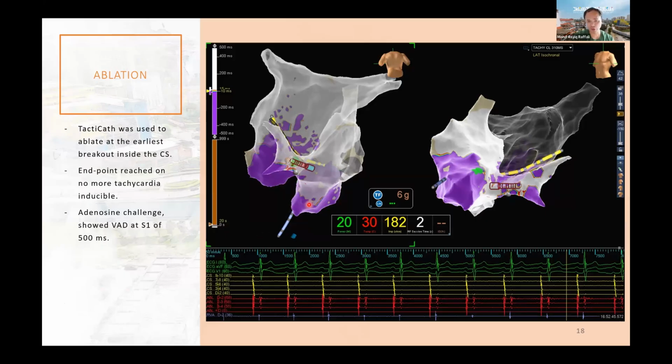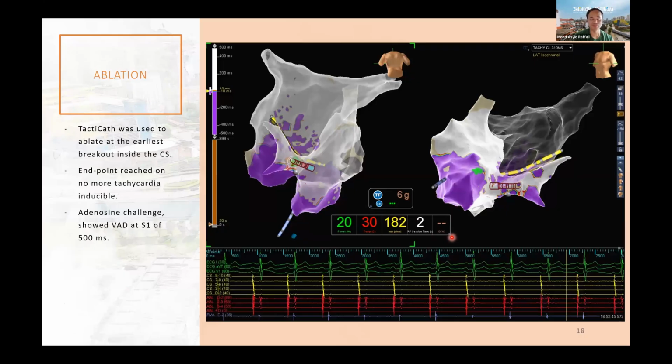So our conclusion at this point is it's actually an accessory pathway, probably with an epicardial component at the MCV os. At the same time, this patient also probably has dual AV node physiology, causing the cycle length to be a bit wobbly.